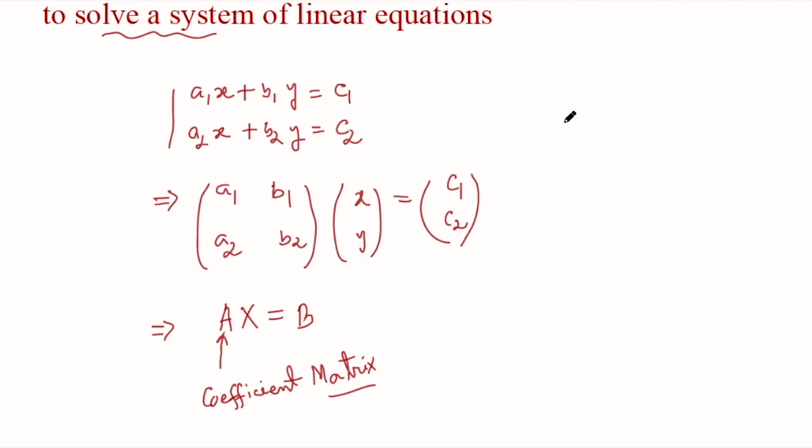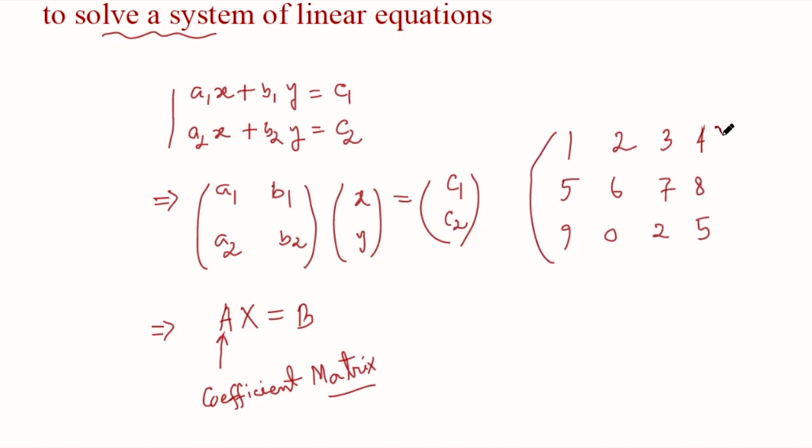We know a matrix is a rectangular array of numbers. For example, 1, 2, 3, 4, 5, 6, 7, 8, 9, 0, 2, 5. So this is a matrix.